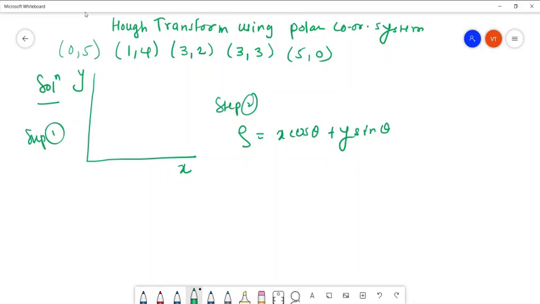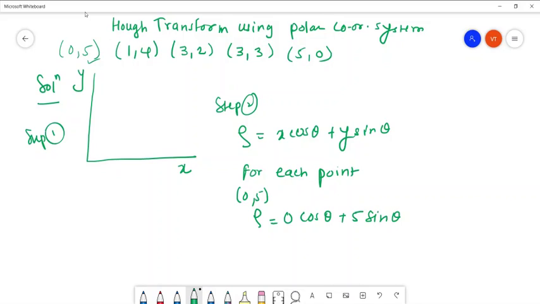So for each point here, you have to write this equation. So for example, for point 0 comma 5, rho will be equal to 0 cos theta plus 5 sin theta.